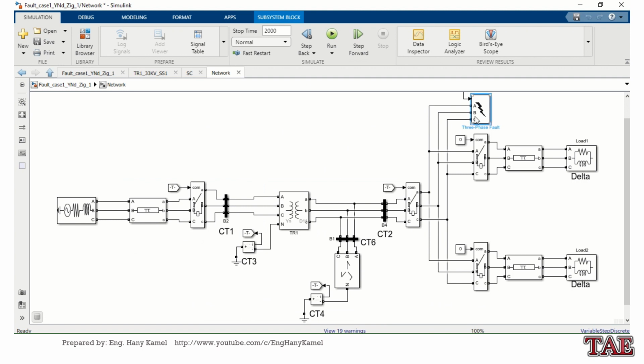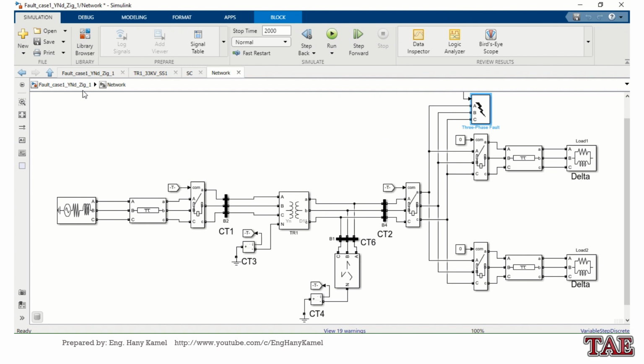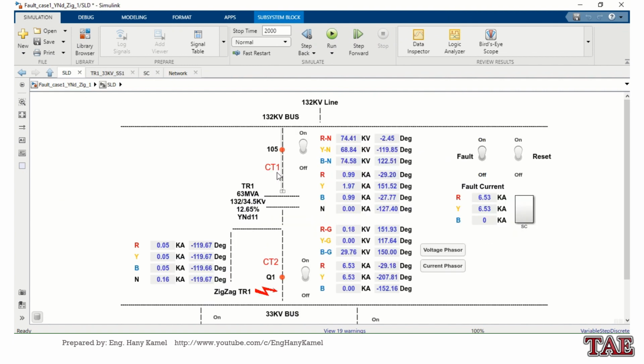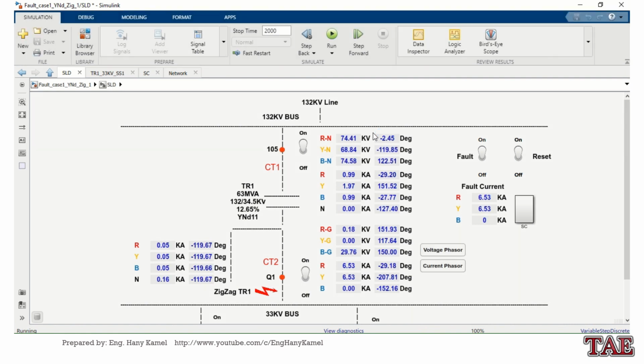Now we move to the next fault, phase to ground fault. Here you can see the neutral of the zigzag has current and phase A has current.